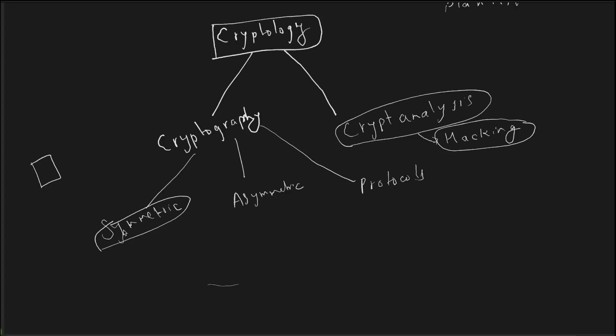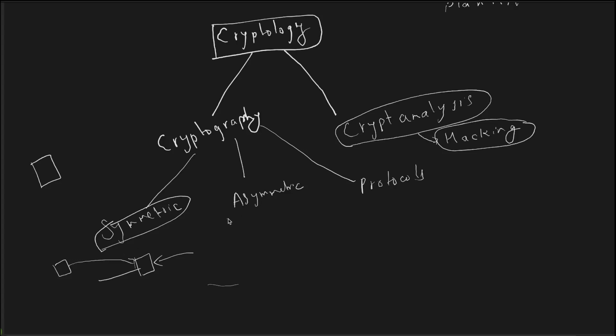This is called symmetric cryptography, where the sender and the receiver have a common key that they use to encrypt as well as decrypt. If the sender and receiver know what this key is, they will be able to apply the key in order to encrypt and decrypt the message. This is symmetric cryptography.